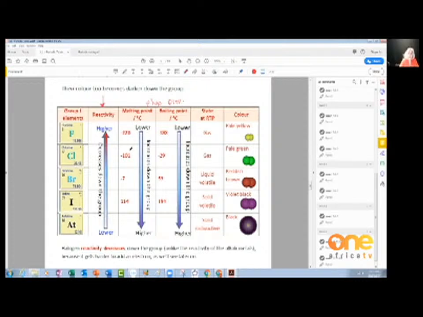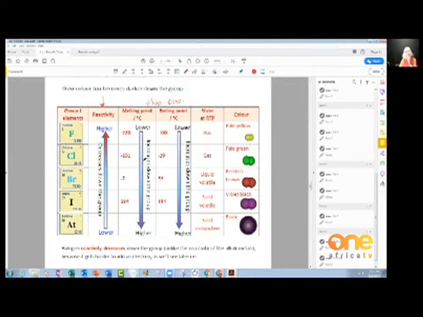So the melting point, as we can see, increases down the group, because minus 220 is a smaller number than minus 101, which is smaller than minus 7, which is smaller than 114 degrees Celsius. Now we go above the 0 here. So we see the melting point increases down the group. They melt, in other words, easier as we go down the group.